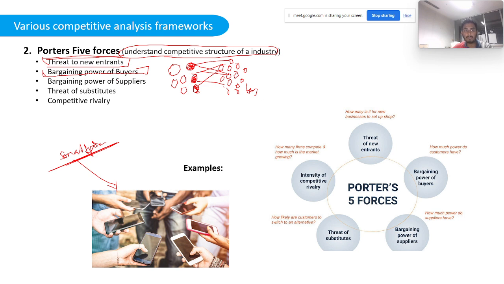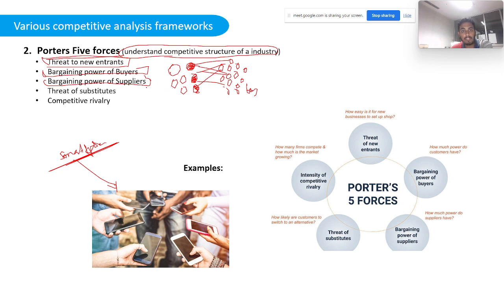So buyers will have bargaining power. Similarly, suppliers, the people who supply components, or you as a company, if you supply some products, do you have that bargaining power? Can you actually tell the other party that this is the price and there will be no negotiation?